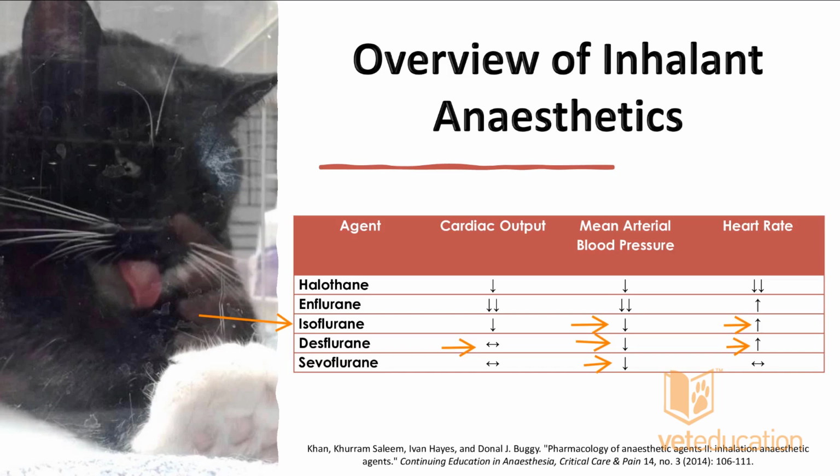And these effects are dose dependent. So the lower the dose of isoflurane we have on our vaporizer, the less these effects are seen in our patients. So we see less decreases in cardiac output. We appreciate a smaller decrease in arterial blood pressure as well, and perhaps a smaller increase in heart rate as a result of that.